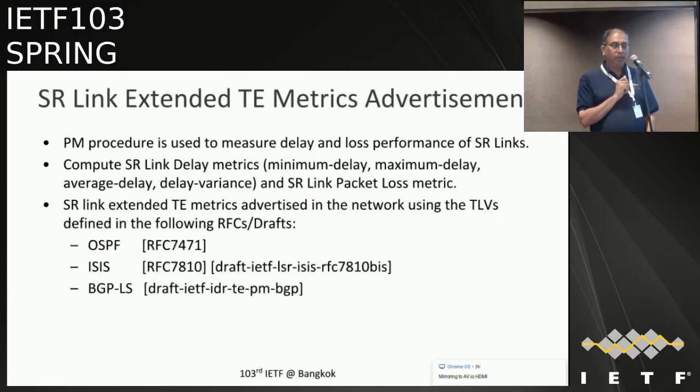There are RFCs today for OSPF, ISIS, and BGP-LS. It's a draft to flood those values in the network. We welcome your review, comments, and suggestions. Many implementations of 6374 and 7876 already exist. We did present this draft in the IPPM working group yesterday, and we are requesting working group adoption.